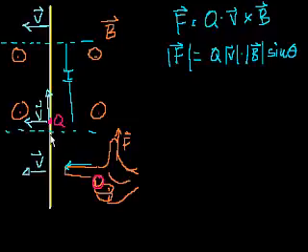So at least in very qualitative terms, you see that when you move a wire through a magnetic field, or when you move a magnetic field past a wire, because they're kind of the same thing, it's all about the relative motion, it's going to induce a current in the wire.